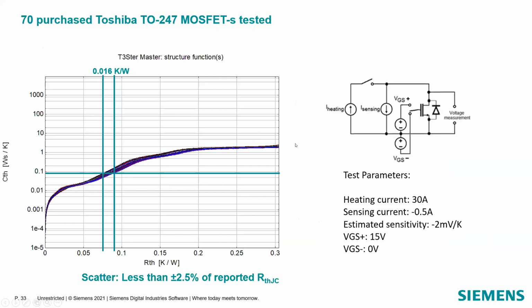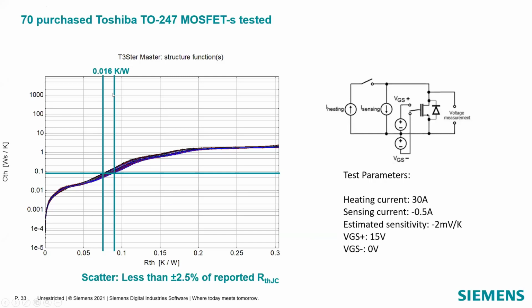So what we did was measure 70 of these units. You see, these are structure functions I zoomed in on for better visibility. This is right after the die attach layer. And these 70 functions overlap very, very nicely. The scatter is 0.016 Kelvin per watt.